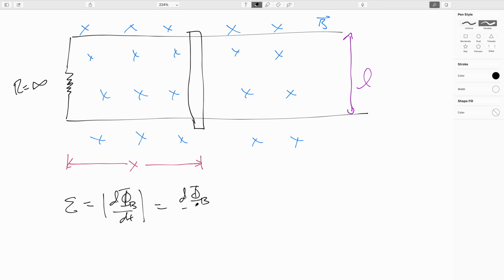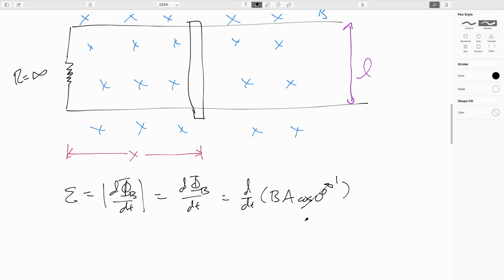All right, so this will be d dt of B times A times the cosine of the angle between B and A. Well, again, this is either 0 or 180, but we took some absolute value action here. So this is going to work out to be 1 either way. And here, the magnetic field strength is a constant, so I can pull that out of the derivative. I'm left with dA dt. But dA dt is going to be d dt of L times x. But the length is a constant, like my airplane wing, so I can pull that out. So it's BL dx dt.